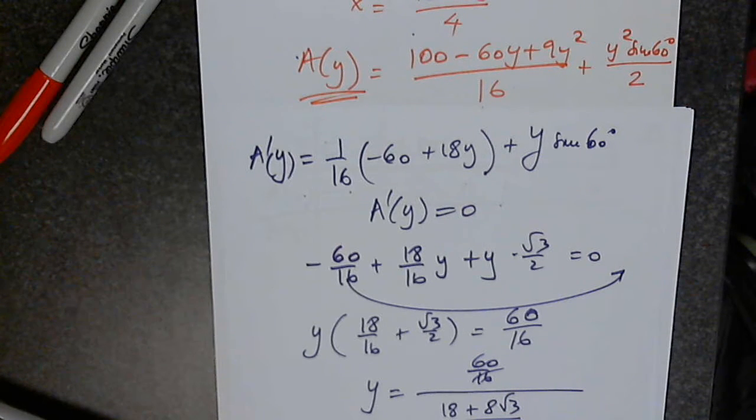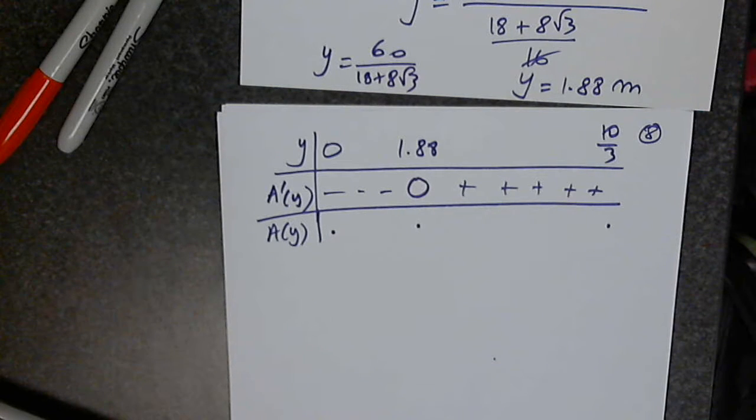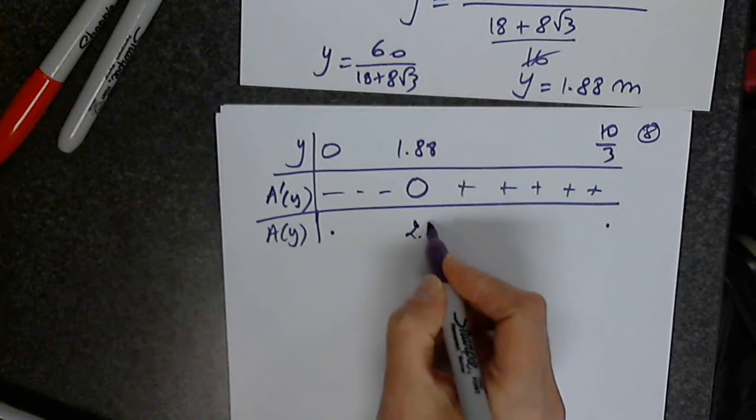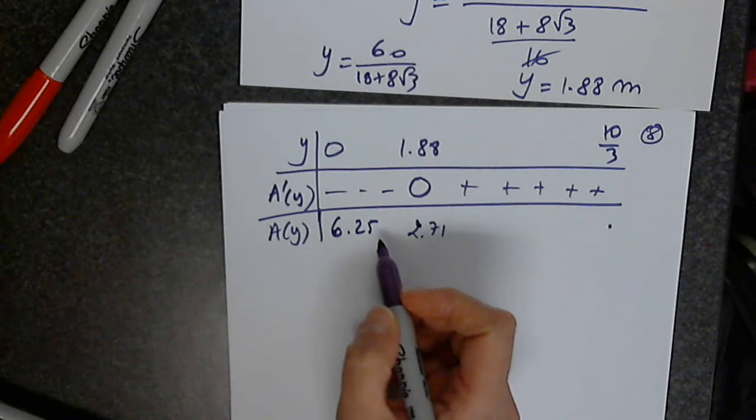So I want 0, and I get 6.25. What did I do with my chart? 3 1/3. Oh, it's up here, hiding. So 1.88, and 10 divided by 3. So as expected, this will be 2.71. At 0 it is 6.25, and 4.8.